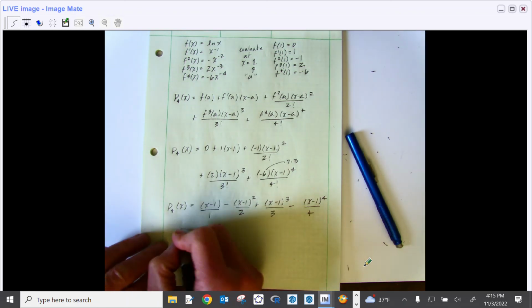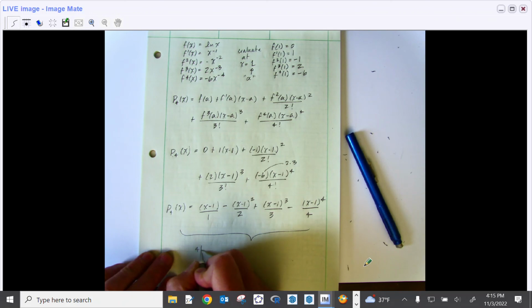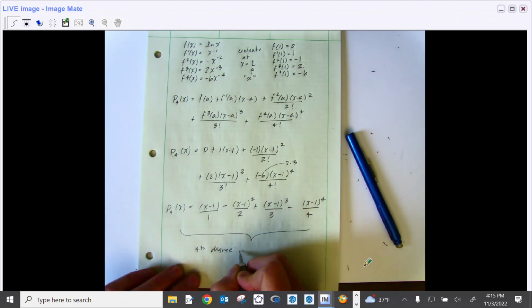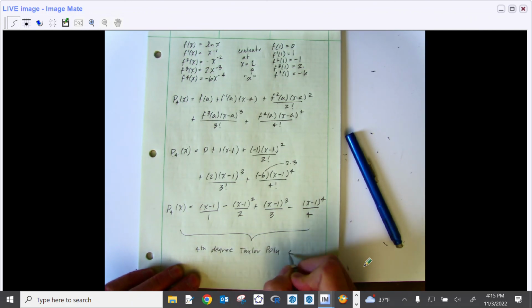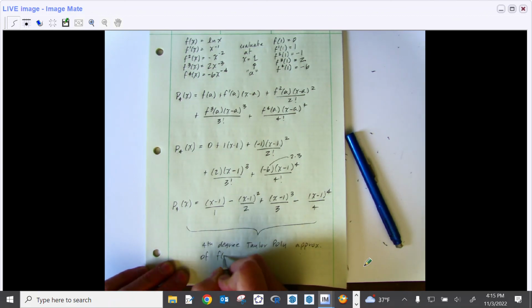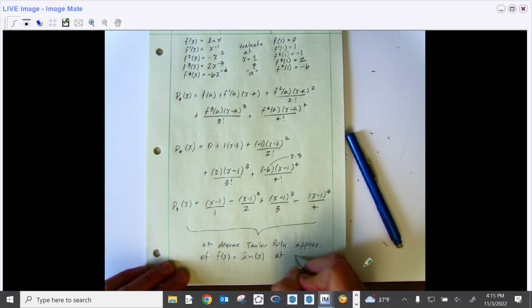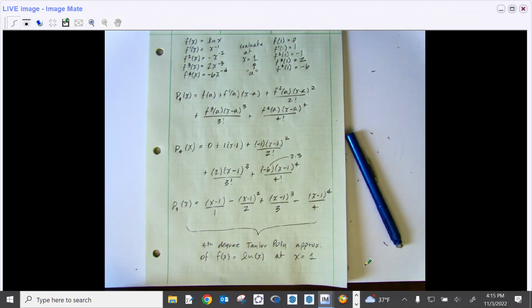So this would be a 4th degree Taylor polynomial approximation of f of x equals ln x at x equal 1. Okay, and let's see if that gets us anything even remotely close to what we'd hope.